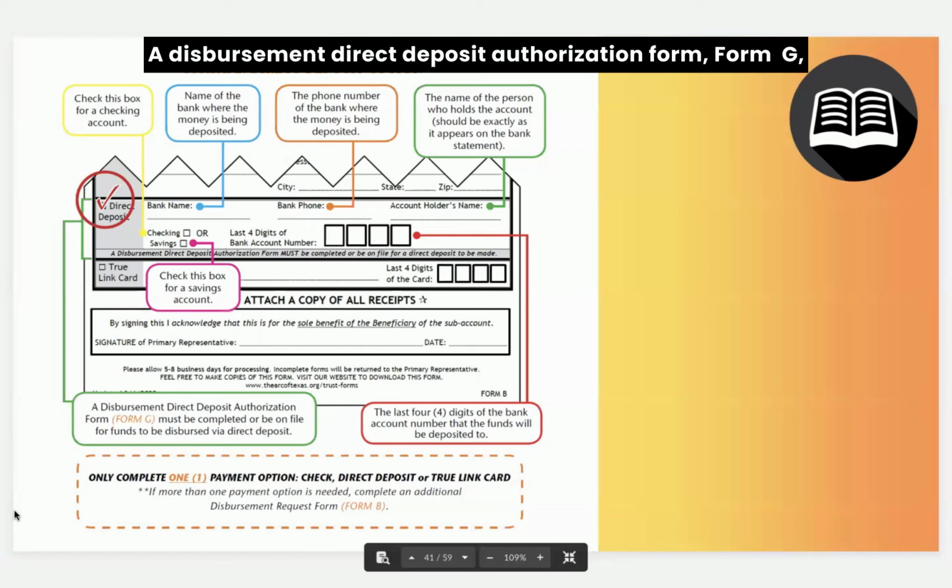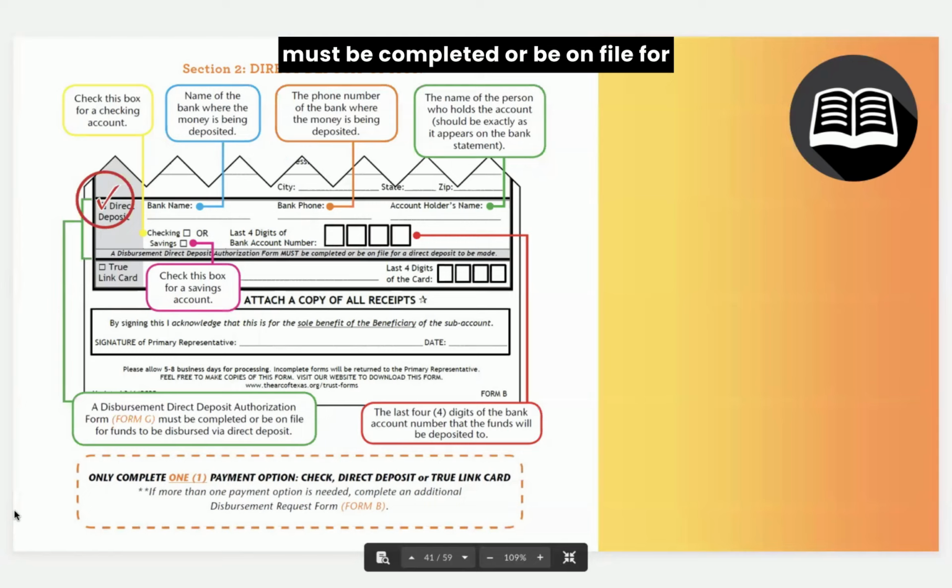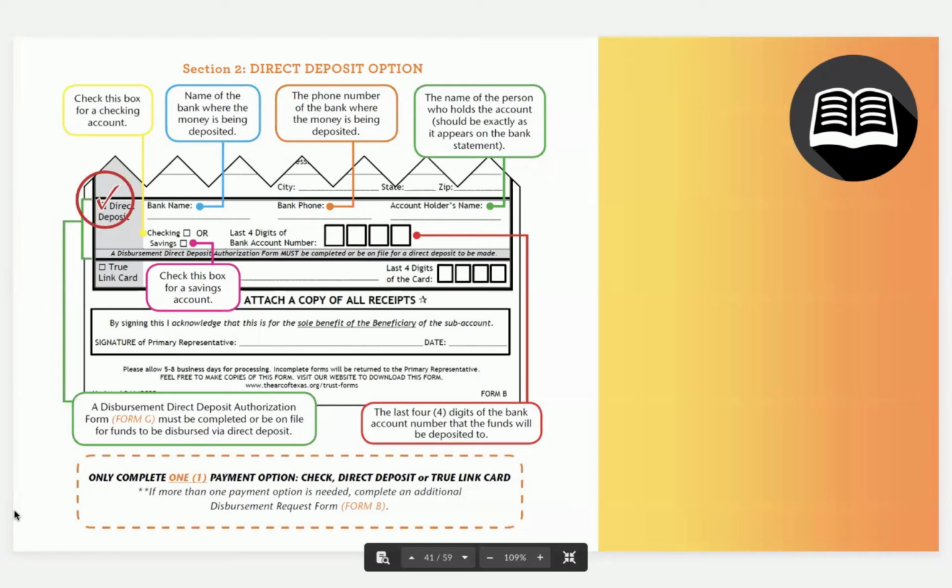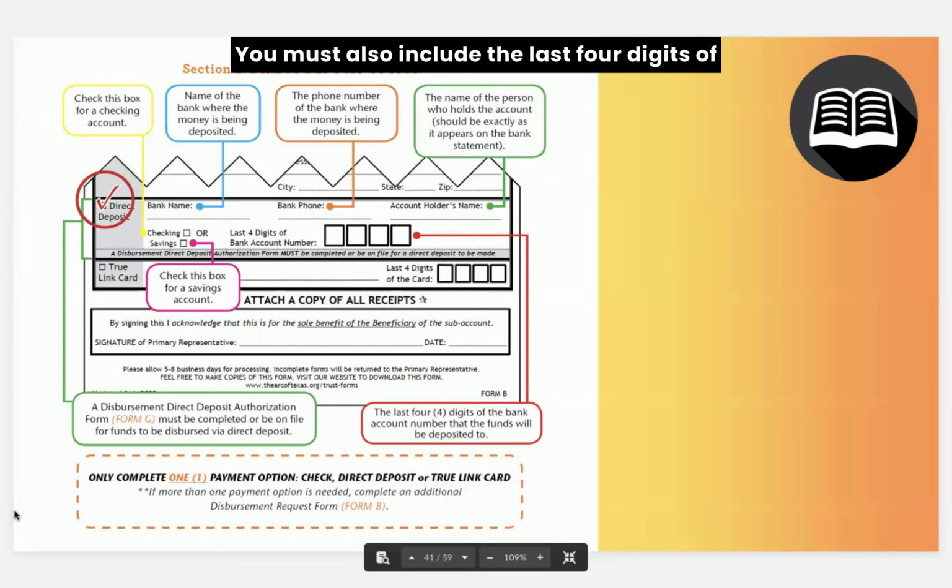A disbursement direct deposit authorization form, Form G, must be completed or be on file for funds to be disbursed via direct deposit. You must also include the last 4 digits of the bank account number that the funds will be deposited to.